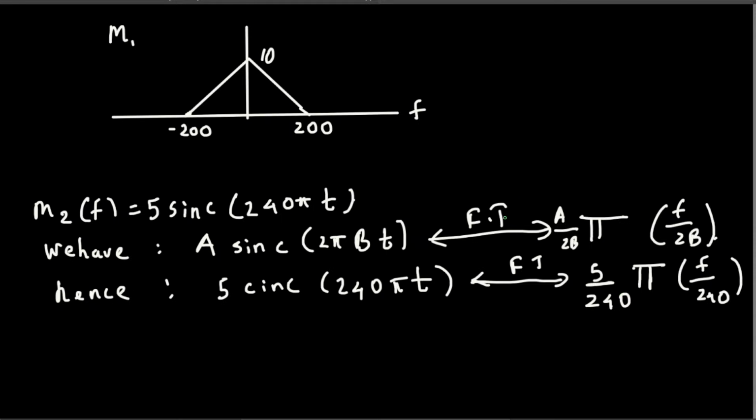Now we have this equation. From this one, we know the amplitude, that is 5 over 240, and if you simplify this, that's 1 over 48. And also we know the range: whatever is under the f is going to be the range. The diagram for this one is going to be a rectangle.